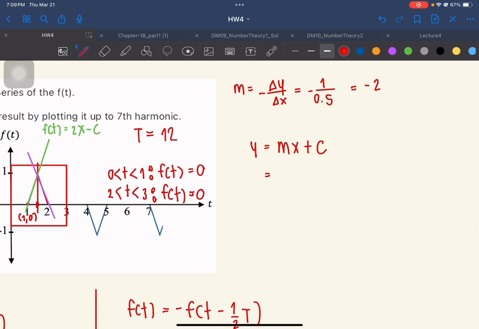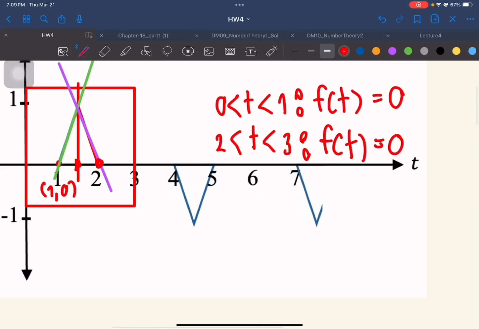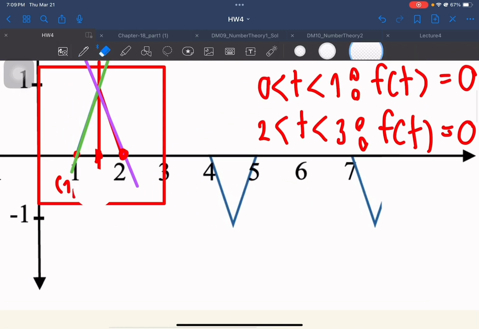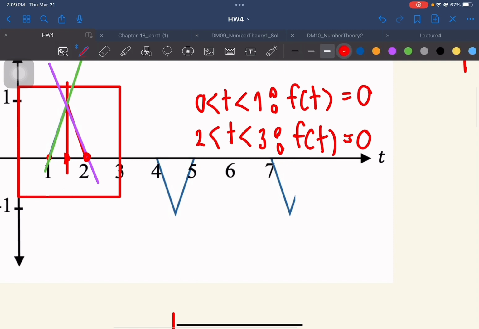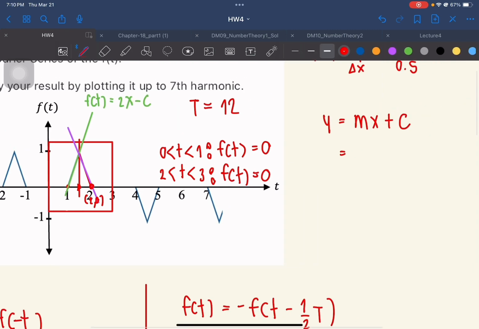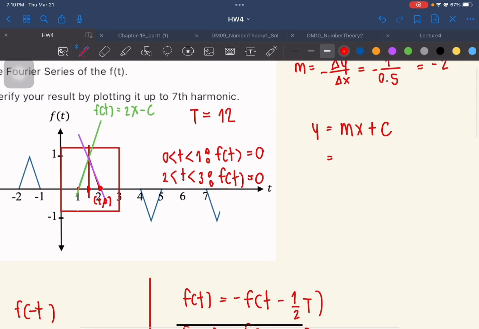Okay, and we use this position to find c. This position is (2, 0) and (0, -2), so 0 = -2 times 2 plus c. So c is equal to 4.